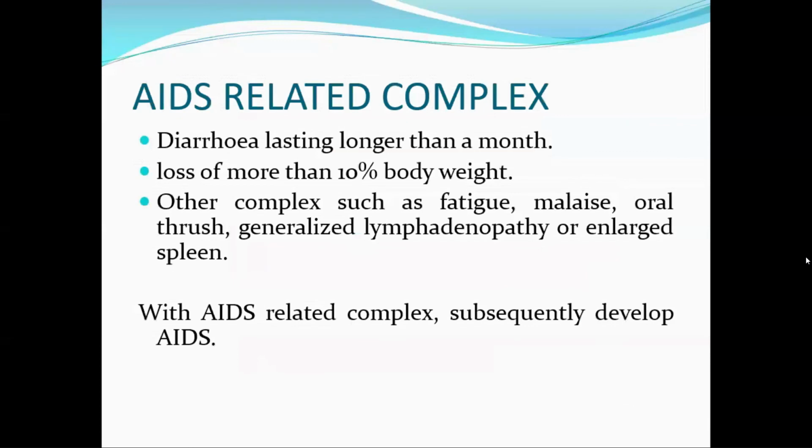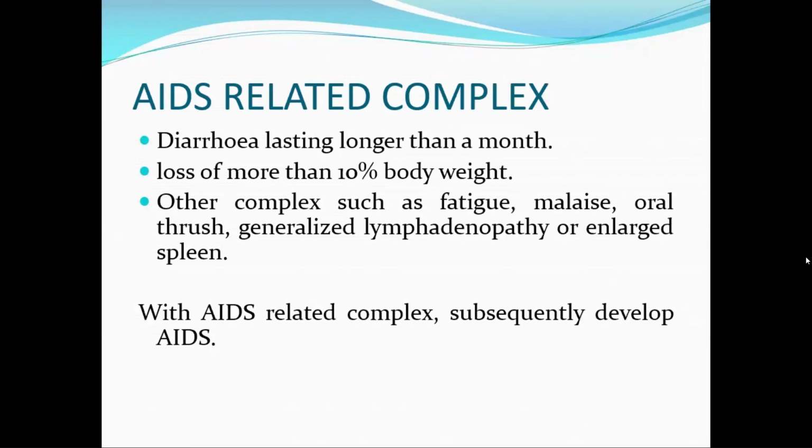Next is AIDS-related complex. In AIDS-related complex, there are major clinical manifestations of AIDS. That is diarrhea lasting longer than 1 month. Then loss of more than 10% of the body weight.